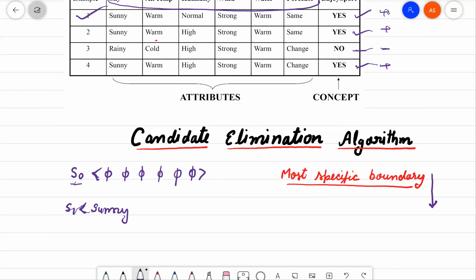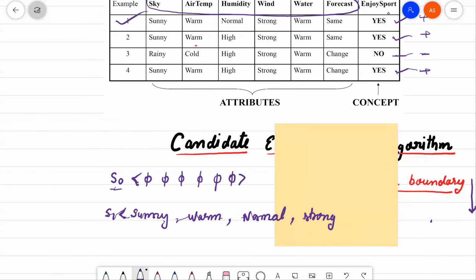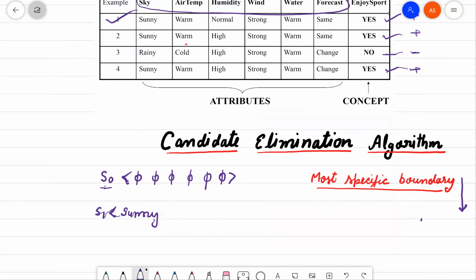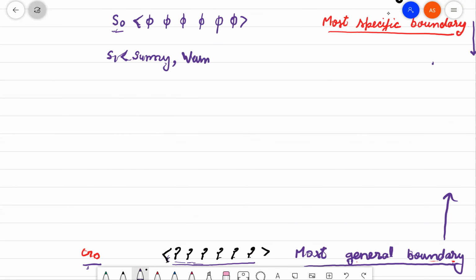This is sunny, warm, normal, strong, warm, same.